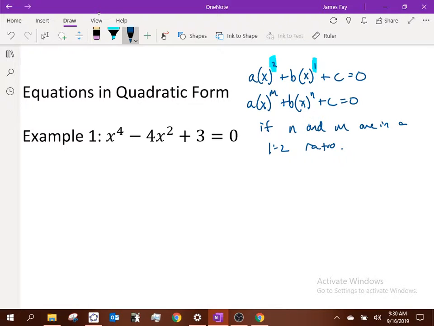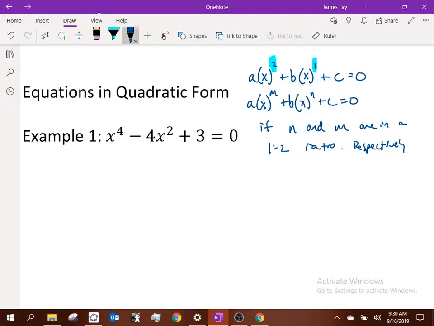Okay. Now I said in, maybe I should say respectively. So the n goes with the 1 and m goes with the 2. So the m is twice as big as the n. Does that make sense, everybody?